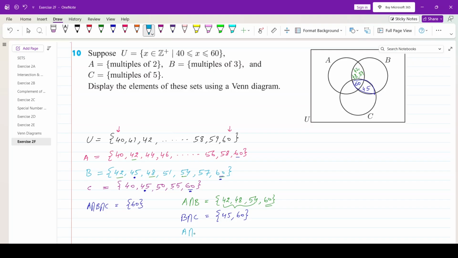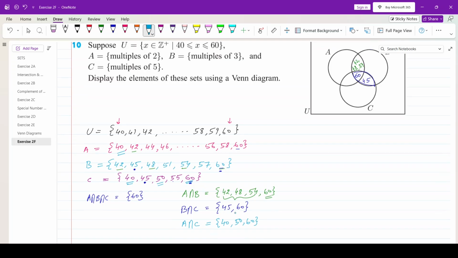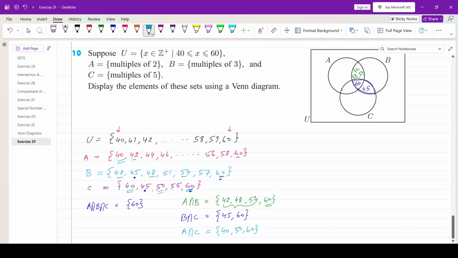Now A intersection C will be what is present in both of them. 45 is not present here, 50 is going to be present here, 55 is not present, 60 is present here. So this is a set of 3 elements, 40, 50, and 60. Now we know A intersection C is this part. And 60 we have already written, so the remaining two, 40 and 50, will come here.